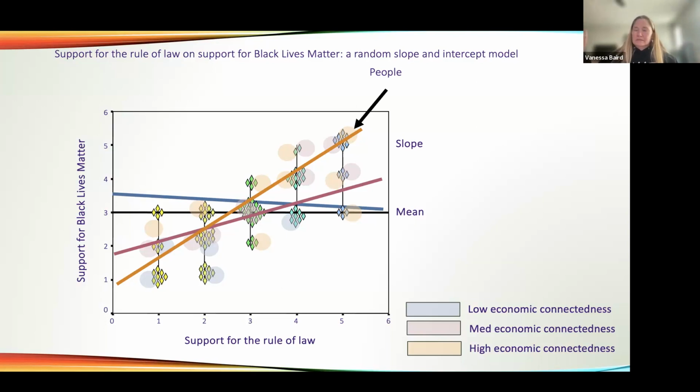I can't even begin to imagine what country level estimates would be changing in terms of the slopes and the intercepts. But the slopes and the intercepts do vary from one another, depending on what variables you have in the model.